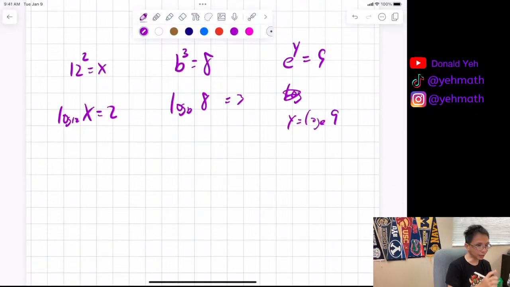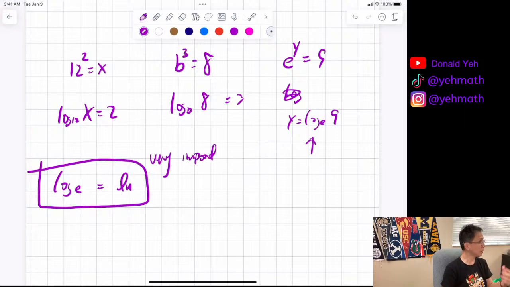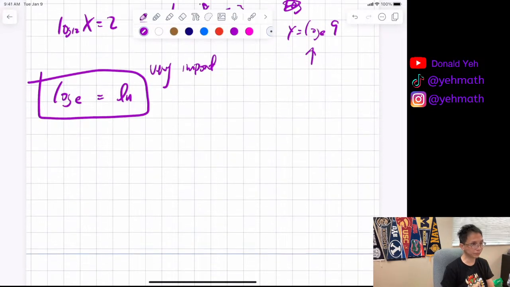So now, since we're doing this question, I'm going to talk about this: if I ever have log base e, that is equal to natural log, ln. Very, very important. So if I ever have log base e, then that's going to be equal to natural log.